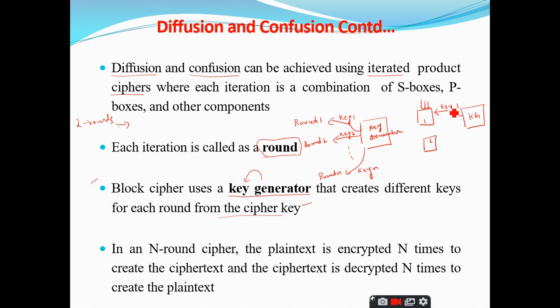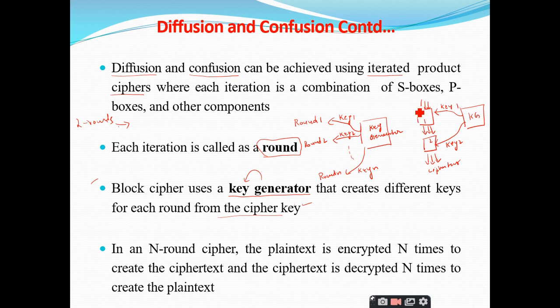Key 1 is generated and given as input to unit 1, and I get a ciphertext, which is passed as input to round 2. Similarly, the key generator also passes key 2 to the round 2 unit. And finally, I will get some ciphertext.